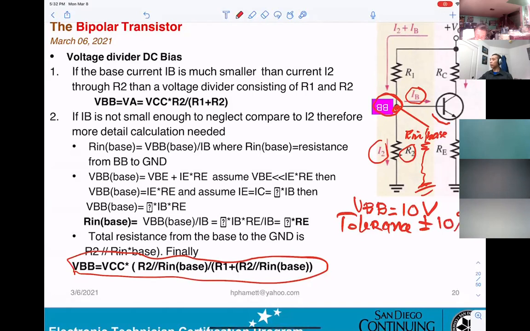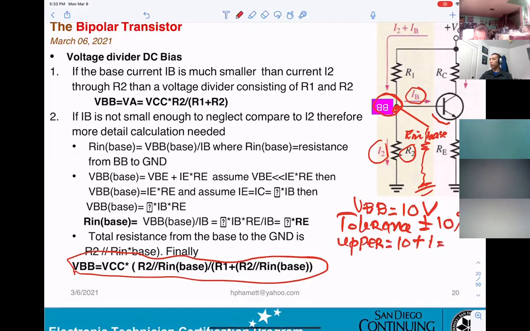So 10% of 10 volt, then you can get the upper limit. 10 volt plus 10% is 1 volt, right? 10% of 10 volt means 10 times 10 divided by 100, which is 1 volt.